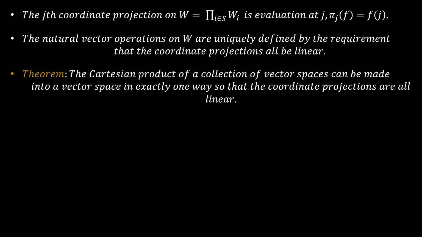We have a theorem that the Cartesian product of a collection of vector spaces can be made into a vector space in exactly one way so that the coordinate projections are all linear, right? So that's a requirement for you to create a vector space consisting of a Cartesian product of the constituent vector spaces.